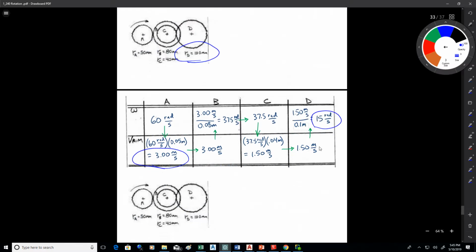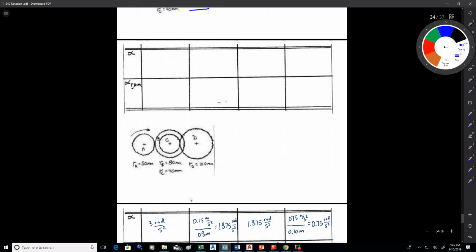To find the angular speed of D, I just divide the 1.5 meters per second by the radius of D, 0.1 meters, and I'll get 15 radians per second. So by connecting these gears with the different radii, you can take the angular speed of A at 60 radians per second and take it down to 15 radians per second for D.